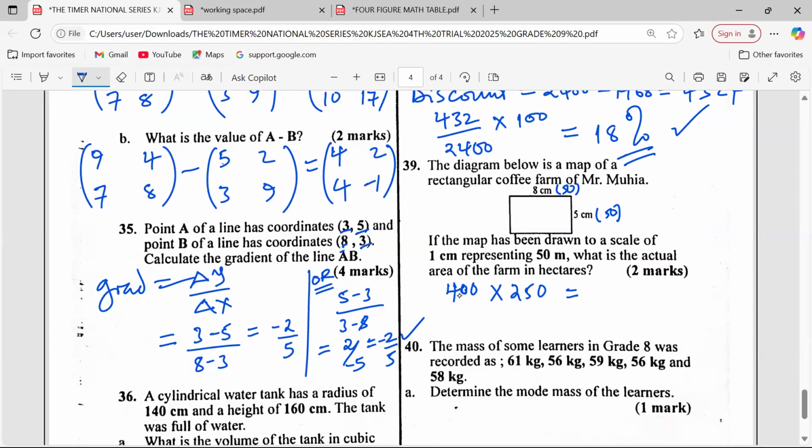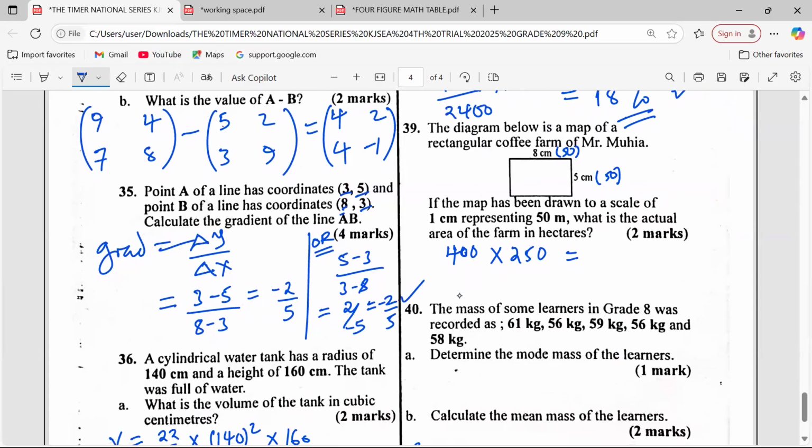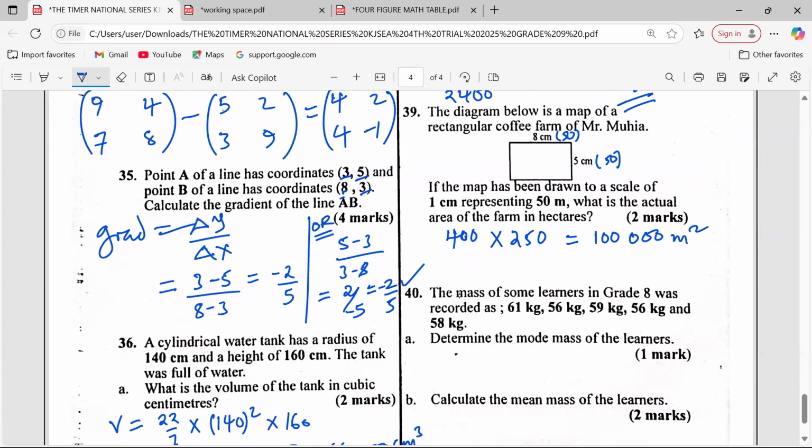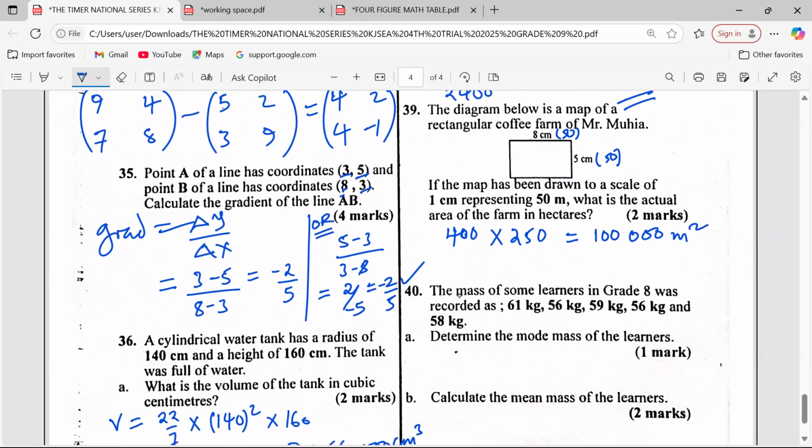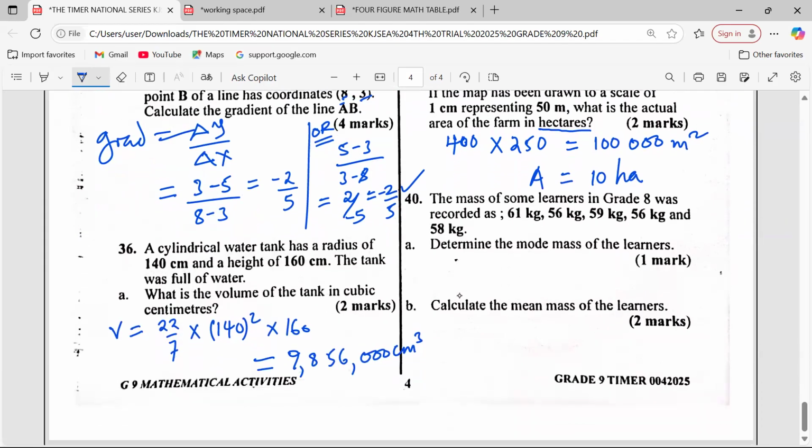So this area now is going to be 100,000 square meters. But we needed it in hectares. Therefore, we should divide this by 10,000 and have our area for the piece of land as 10 hectares.